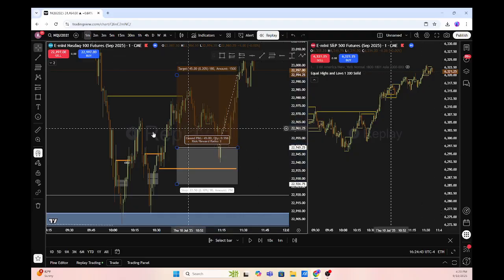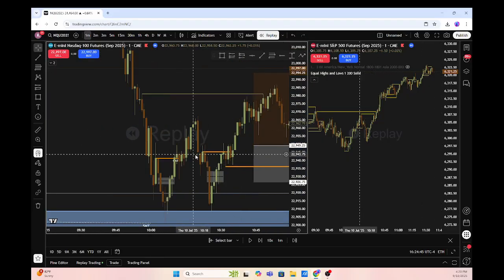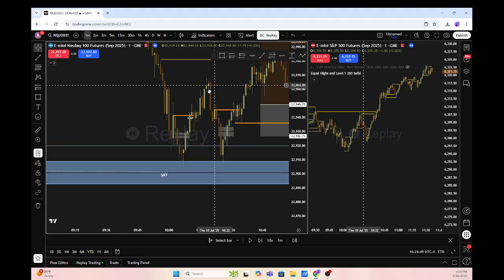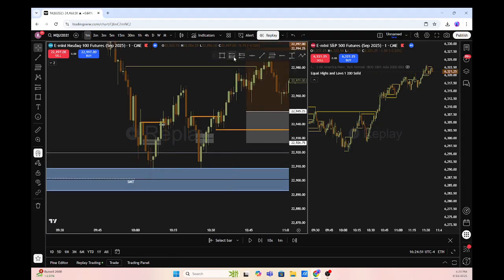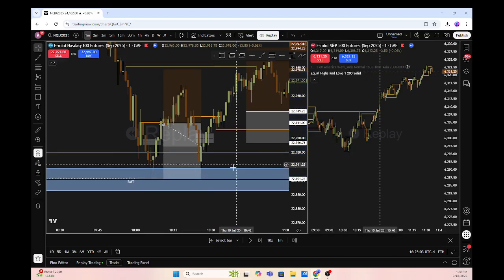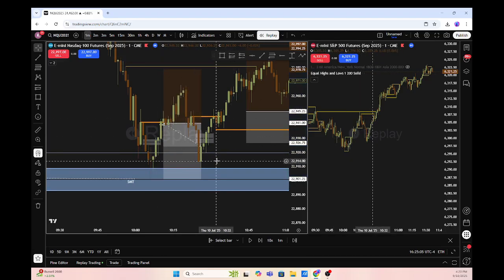So now let's look at why this trade failed. Well, if you take your trade how you are supposed to and how I have been teaching you guys, your stop would have been at this low, right? And if you put your stop at this low, this first trade does not fail.